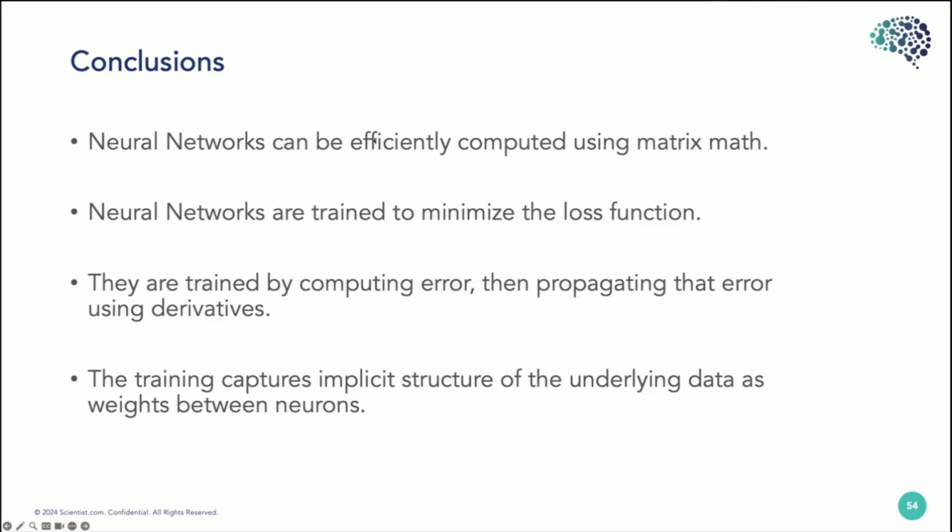The whole point of the neural network is to minimize the loss function. So the whole point is to make the actual outputs of the neural network match as closely as possible the expected outputs. You can very efficiently and compactly execute these neural networks using matrix math, and hopefully, again, the point isn't to remember all of it.